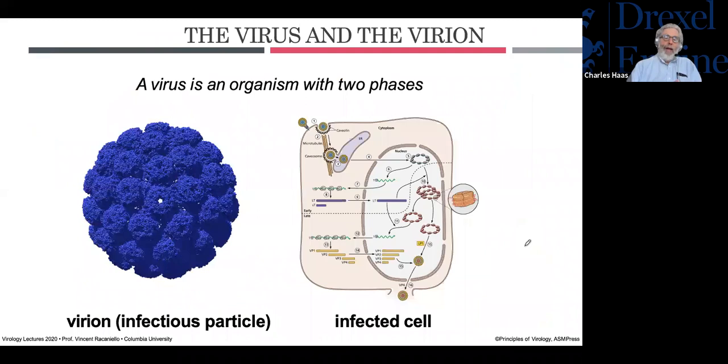When the virus is outside the host, we call it a virion, the infectious particle itself. Within the infected cell, the nucleic acid can and does hijack the machinery of the cell to produce more copies of itself.